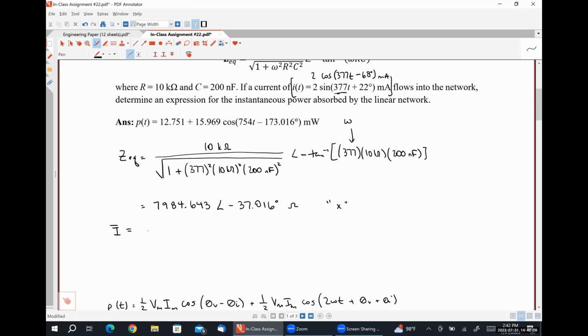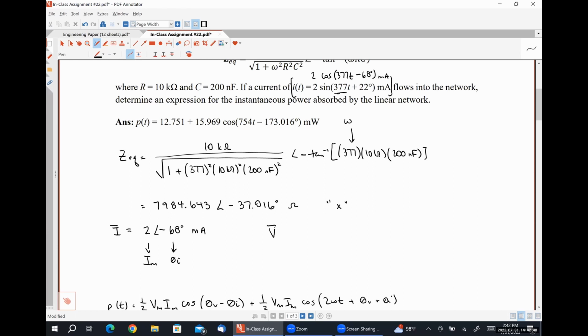So that's just going to be 2 angle negative 68 degrees milliamps, where this 2 milliamps is IM, and this negative 68 is theta I. So the only pieces of information that I'm missing to plug into my generic equation are now Vm and theta V. So how should I find that?